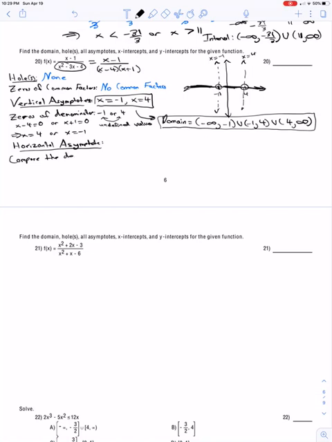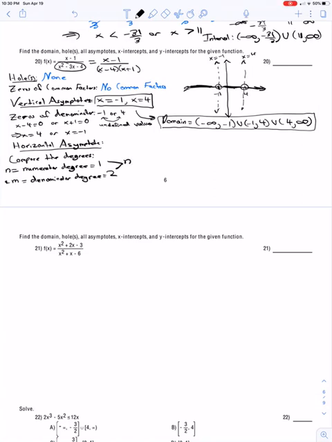Compare the degrees of the numerator and denominator polynomial. So we'll let n be the numerator degree. All right, and that problem is a degree 1 linear. And we'll let m be the denominator degree. All right, and denominator degree is 2.